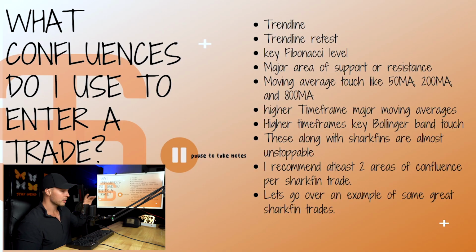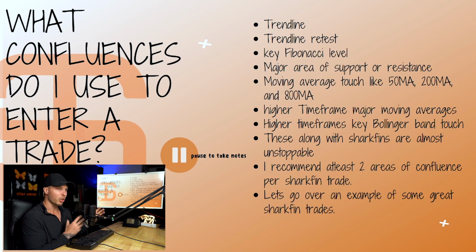So what confluences do I need to be able to enter a trade? And these are just examples, and I like to have at least 3, including the shark fin as an added confluence. So we have trend line retest, key Fibonacci levels, major area of support or resistance, moving average touch like the 50 MA, 200, and the 800, higher time frame moving average touches, higher time frame key Bollinger Band touch.